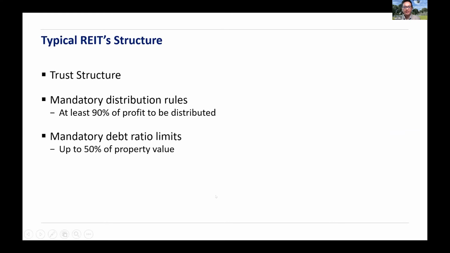The next thing is that they have mandatory debt ratio limits. They can only borrow up to 50% of the property value. I really see this clause being very useful during the COVID period.